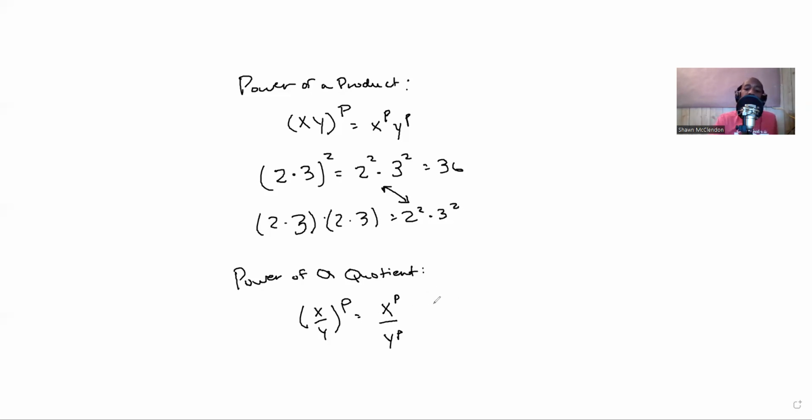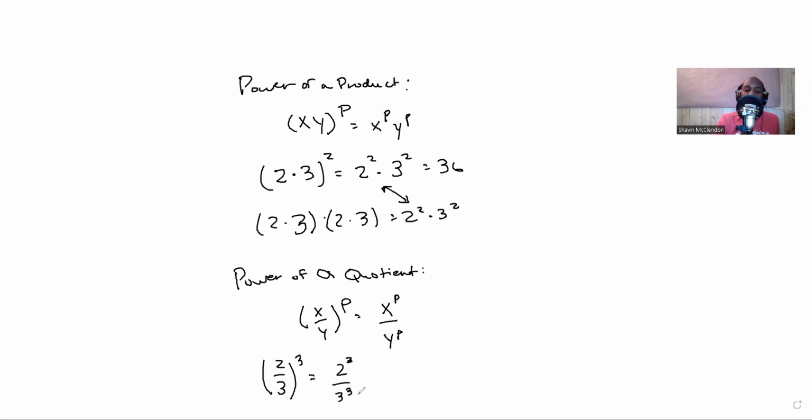So say, for example, you had 1/2. Let me do it a little different. We'll say 2/3, all of that raised to the third power. That's saying this is equal to 2 to the third power over 3 to the third power.